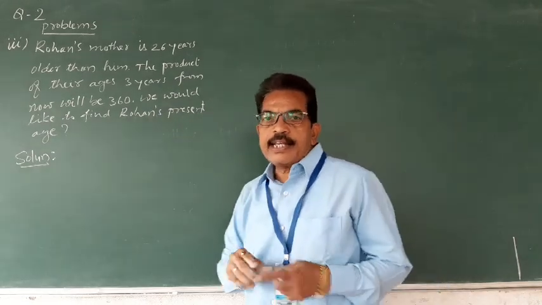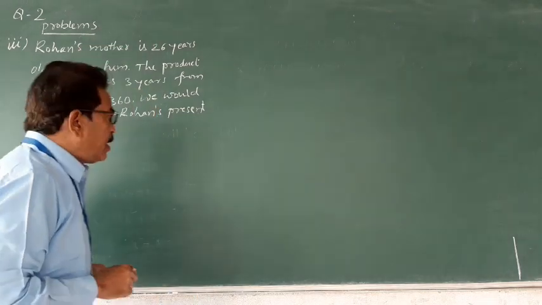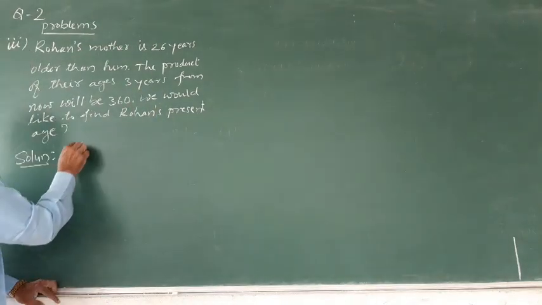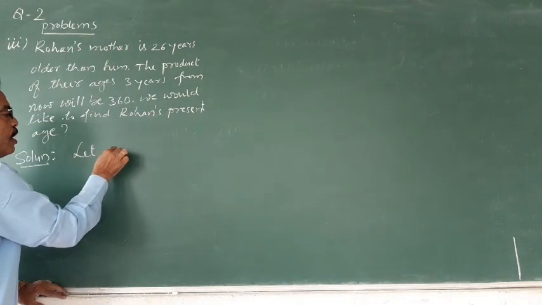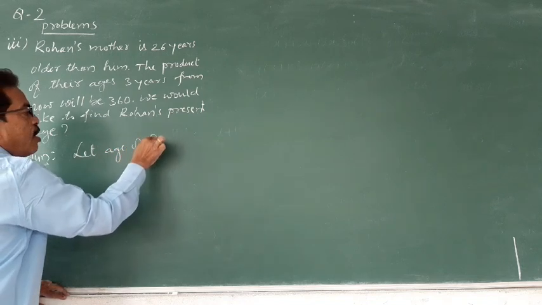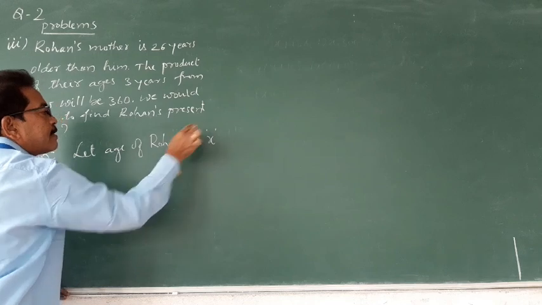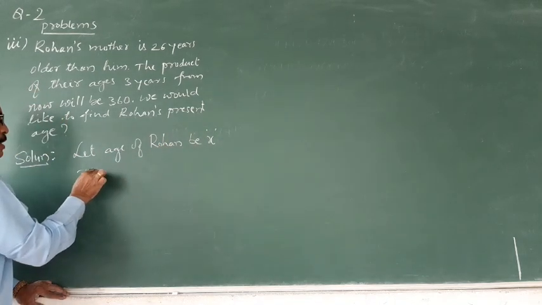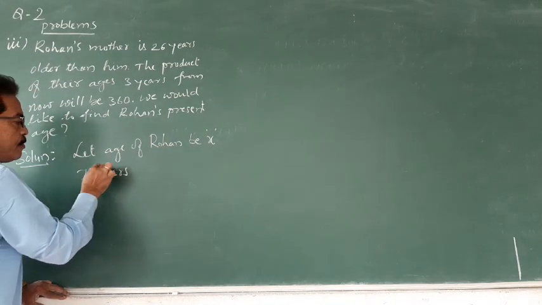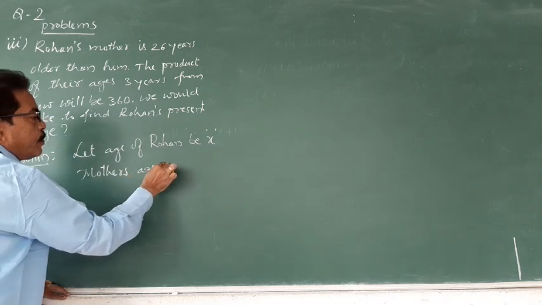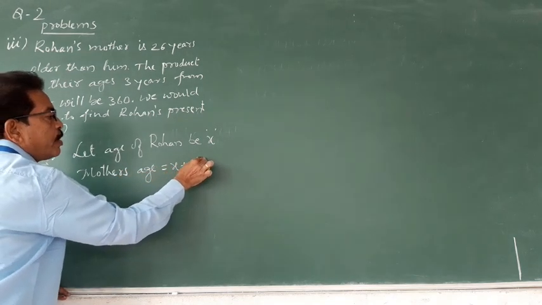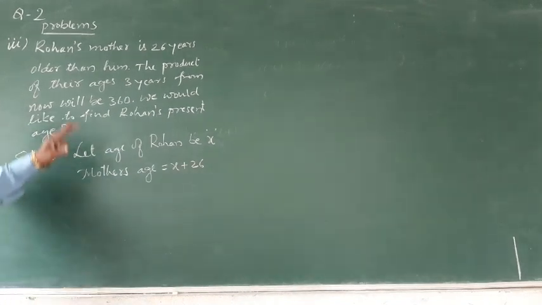See, let us consider the age of Rohan. Let the age of Rohan be x. Mother's age is x plus 26, because she is 26 years older than Rohan.